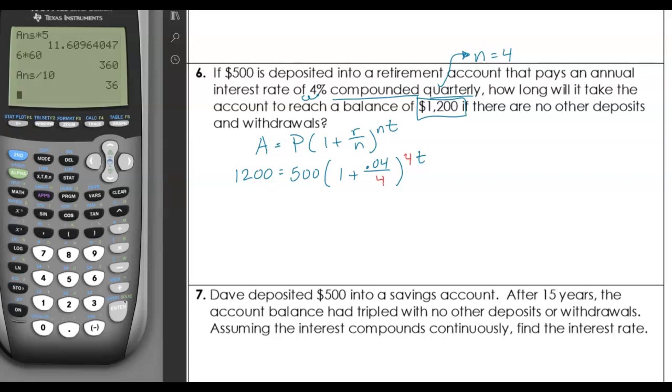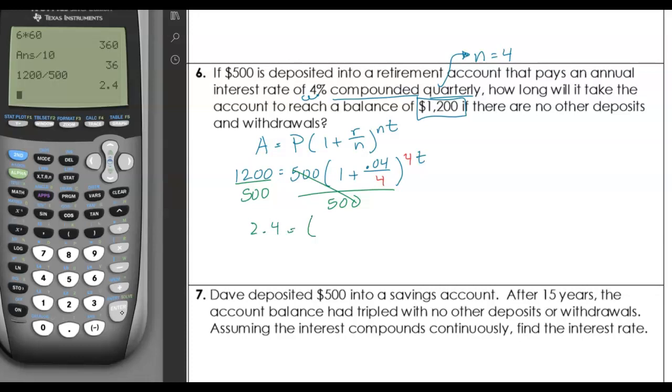I'm going to try to do this quickly because I know we're out of time. First, we divide by 500 to get the 500 off of the exponential term. 1,200 divided by 500 is 2.4.